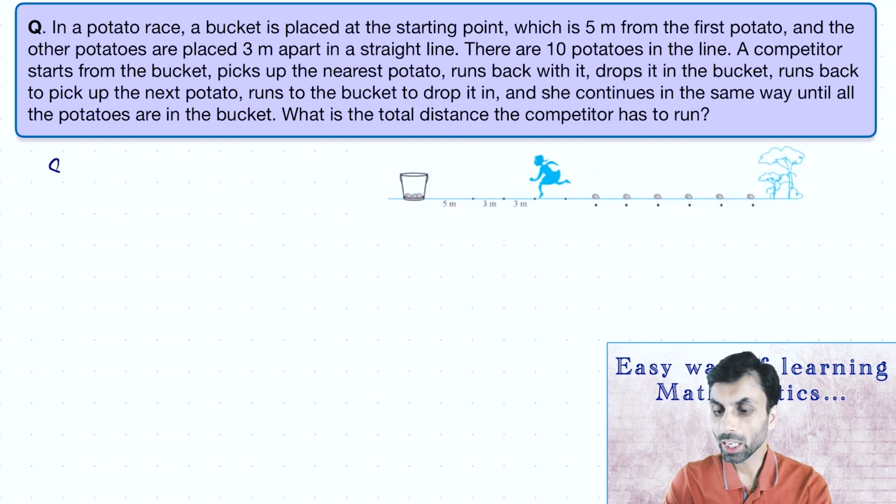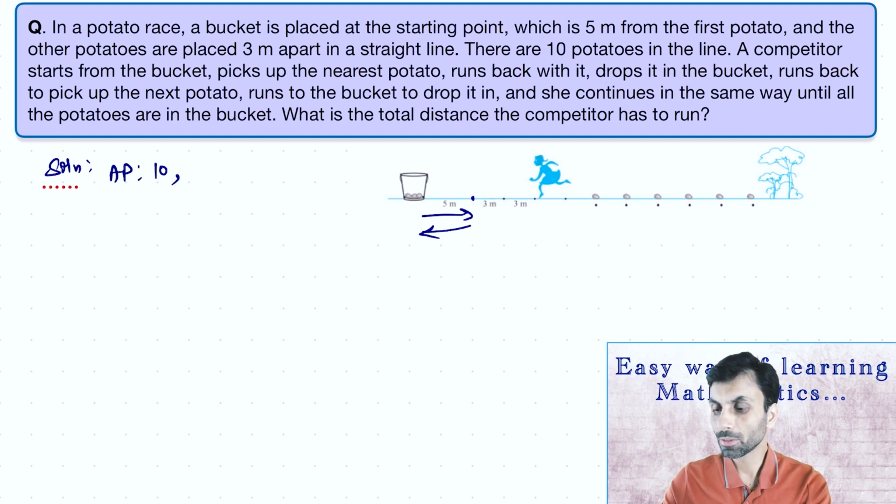So here the sequence of AP will be, to pick the first potato, the competitor has to run 5 meters one way, and then to keep it in the bucket, has to return again 5 meters. So total distance traveled will be 10 meters.